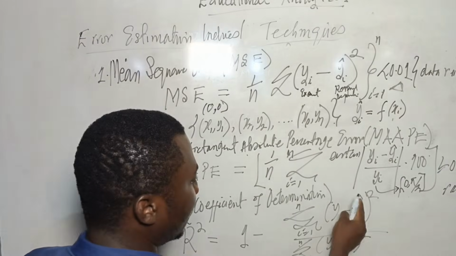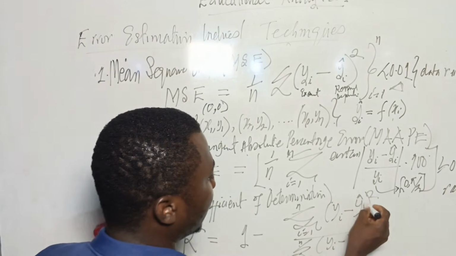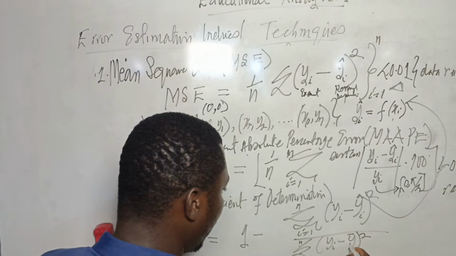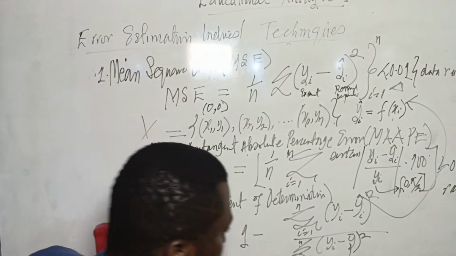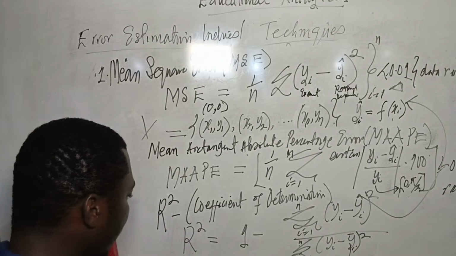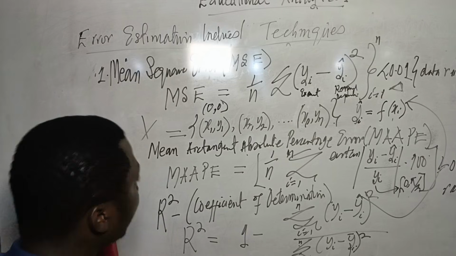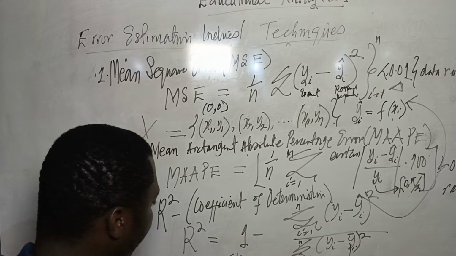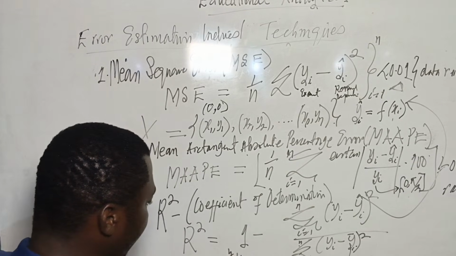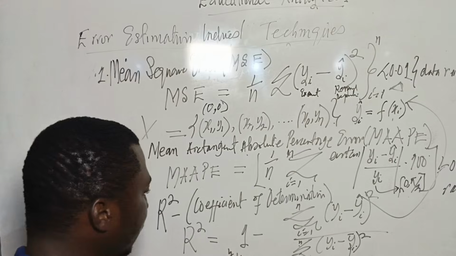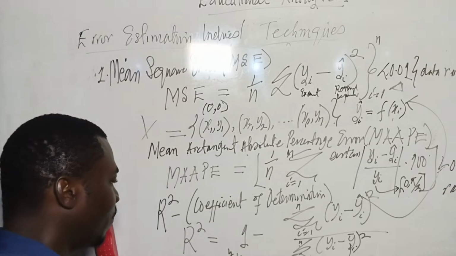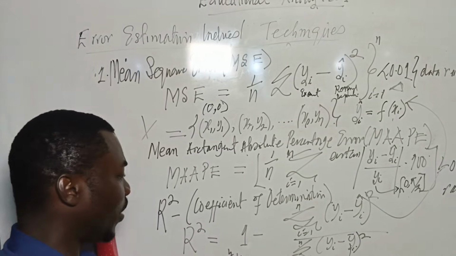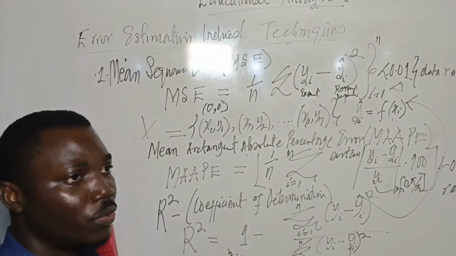The carets here I'm using represent this function here, but this one represents the mean of the observed data. So this is going to be the summation of yi from i equals 1 to n divided by n. So this is the mean. Now it really has a practical meaning if you are using SPSS to generate the data.